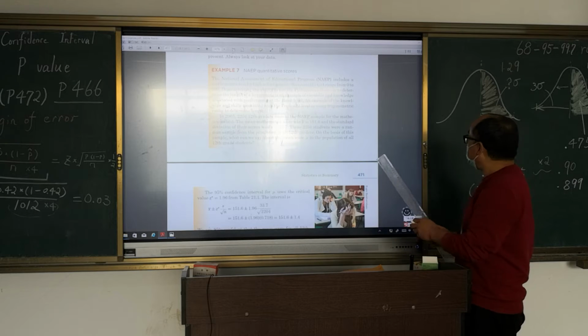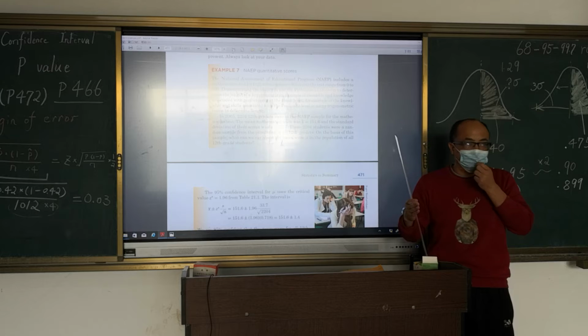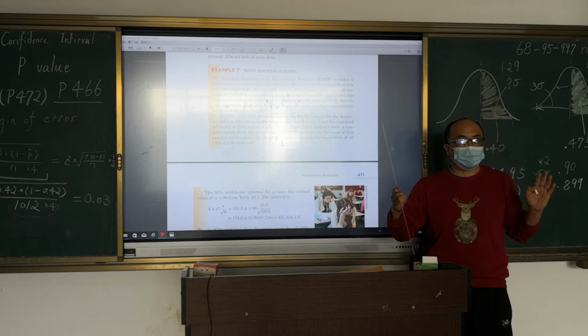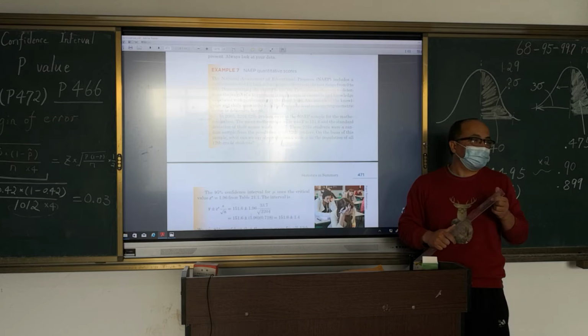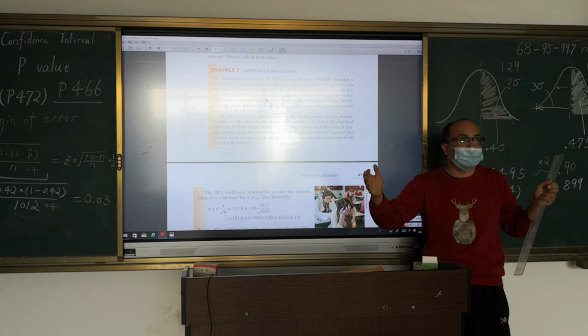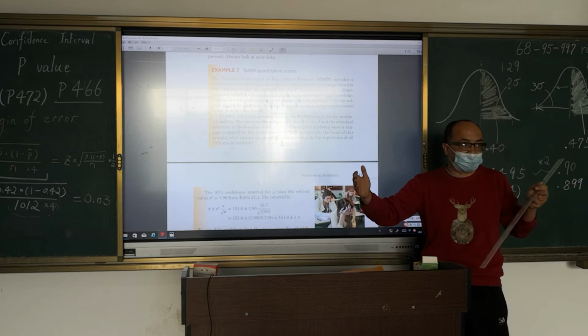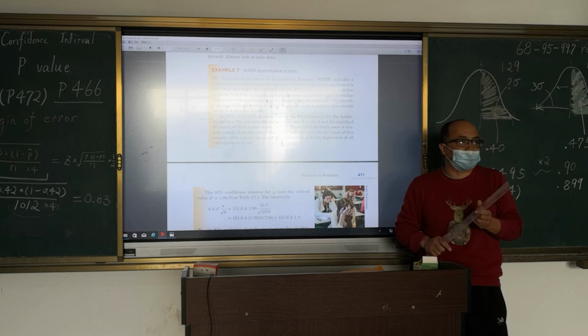And we want to find out the national average. But we cannot add every student in the country and divide it by the total number of students.